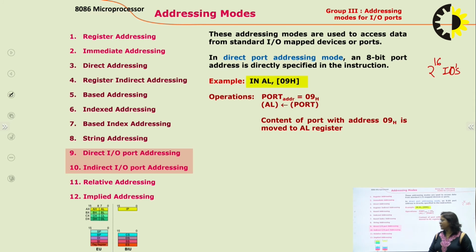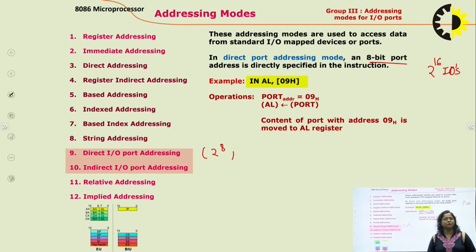But in case of direct IO port addressing, we can specify only up to 2 to the power 8 IOs using 8-bit port address. So using direct port addressing, only 8-bit port address can be specified directly in the instruction, and hence up to 2 to the power 8 IOs can be accessed.